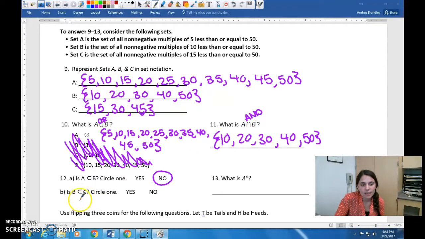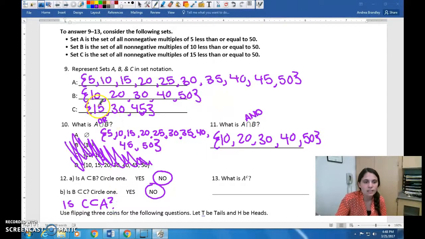And then the next one's asking, is B a subset of C? Okay, so in B I have 10, 20, 30, 40, 50. Are all of those numbers in C? Again, my answer is no, because there's no 10 in here, there's no 20 in here. So they're not all in there. And then just for example's sake, I'm going to add one more of these. What about, is C a subset of A?